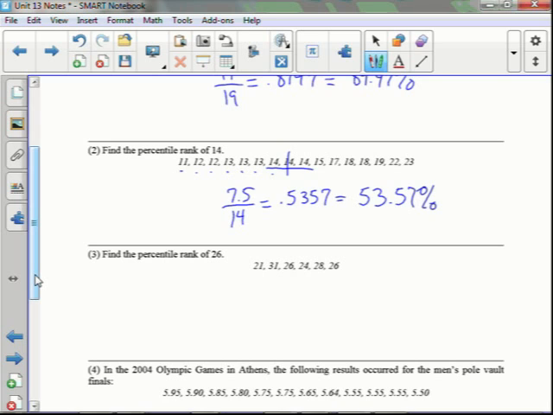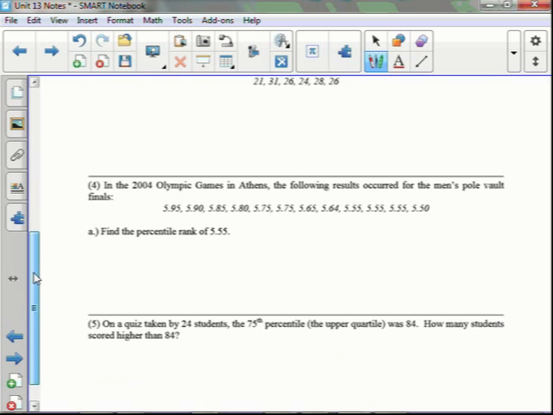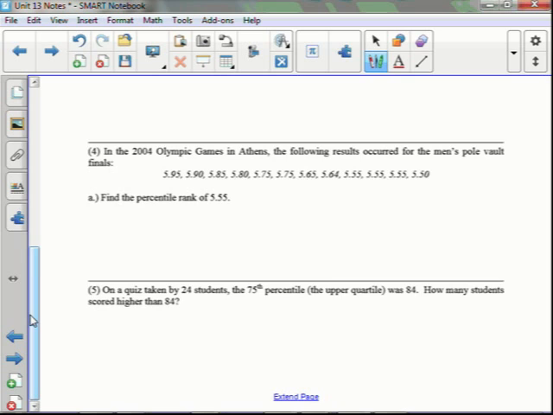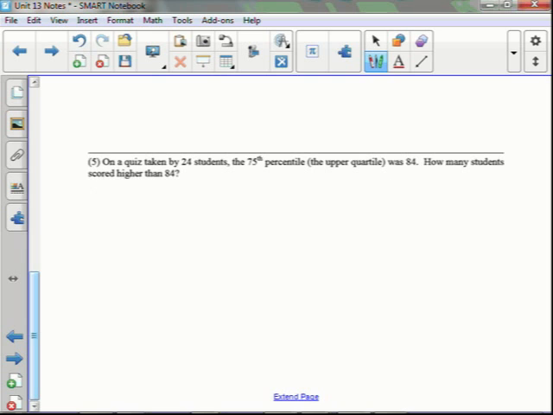Now we just have one more type of question. It's like number 5 down here. On a quiz taken by 24 students, the 75th percentile, or the upper quartile, was 84. How many students scored higher than 84? All right, so if we think about our box and whisker plot, something like this.